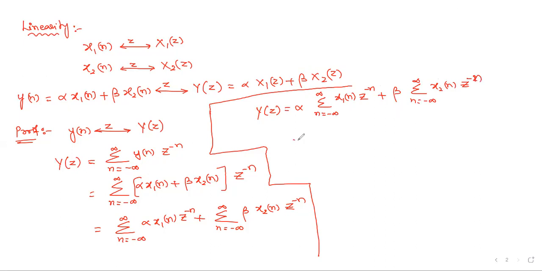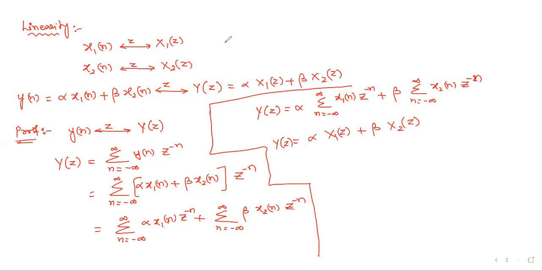Now you see what this expansion is: alpha times X1 of z plus beta times X2 of z. Hence the property is proved.